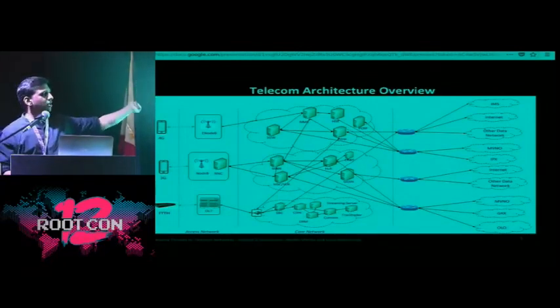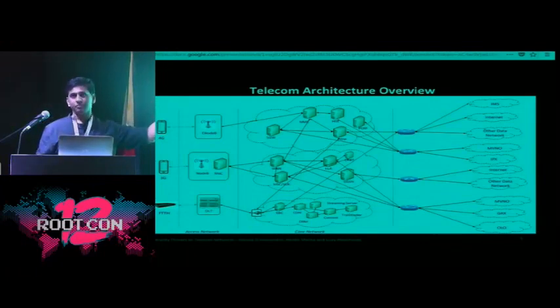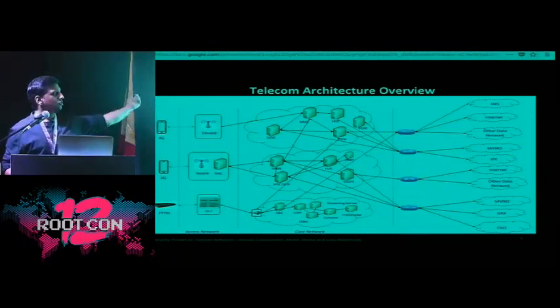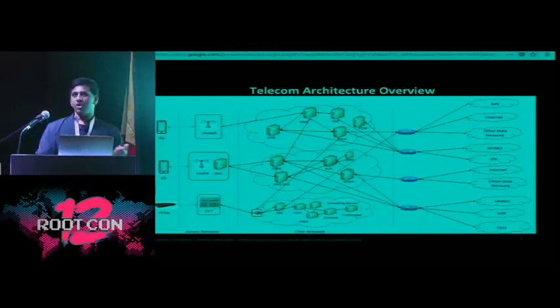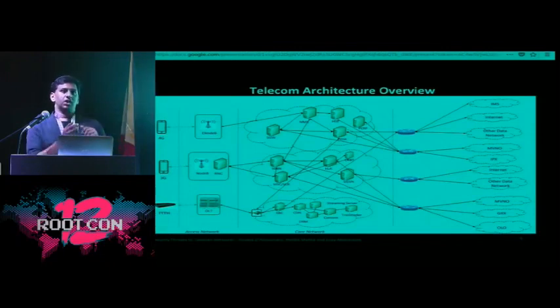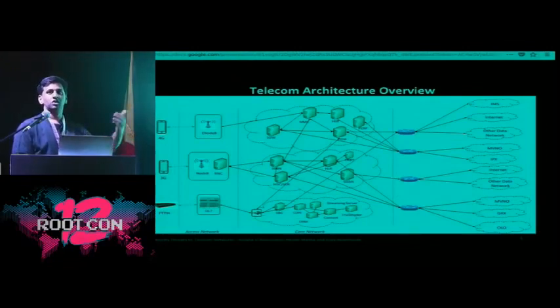MME and SGW are prominently on the LTE side, wherein when the user connects the phone through the eNodeB, it gets connected with MME. MME looks at the authentication and the paging request. Then the request for data goes to SGW. SGW creates the data session for that particular user and maintains that session as long as the user has data enabled or is not moving to various other locations.